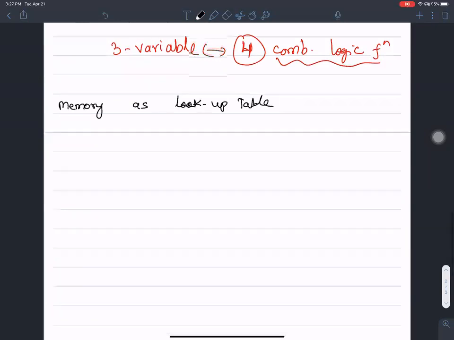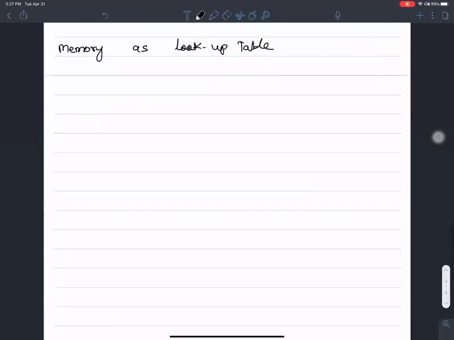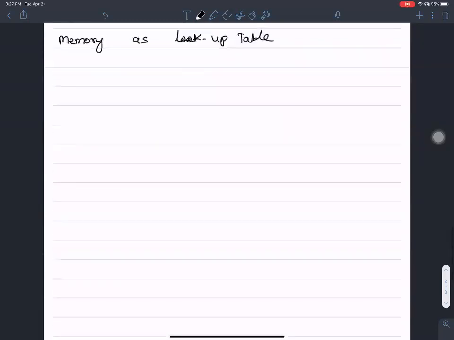Now, what we can do is, as a matter of fact, use multiplexers as well. And I'm not going to spend a lot of time on this. I welcome you to look at this.